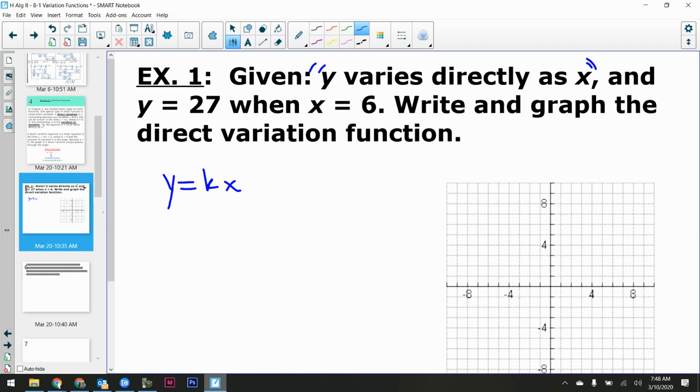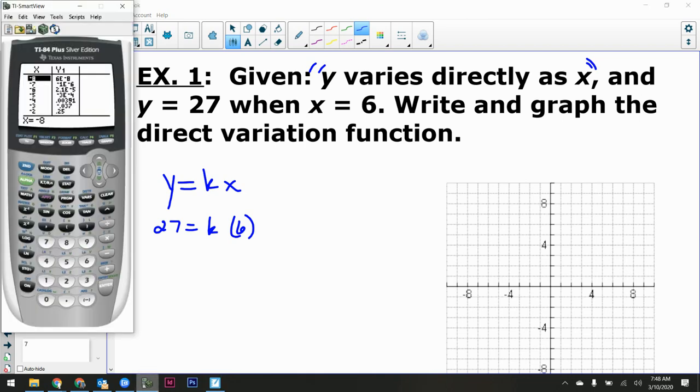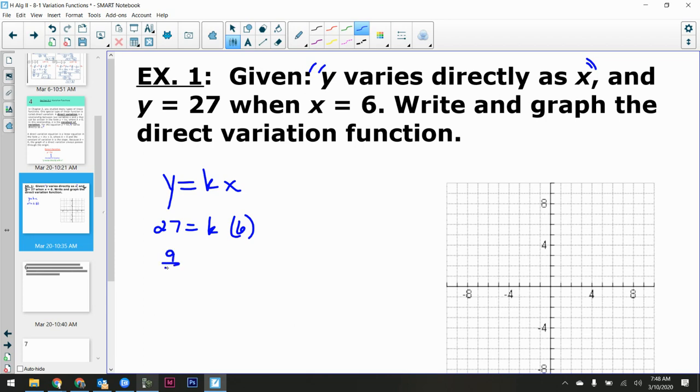That will tell me my constant of variation. How do I solve for k? Divide by 6. 27 divided by 6. Let's put it back into fraction form. 9 halves. 9 over 2 is equal to my k value. It's beautiful.